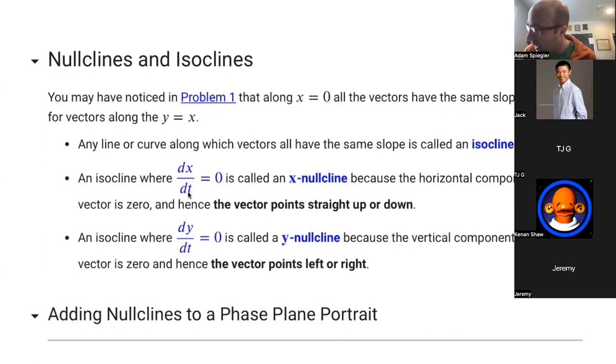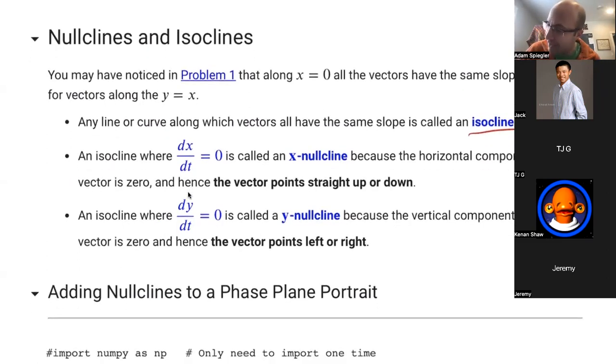So again, on that phase plane, on that line y equals 0, all of the vectors have the same slope, meaning those vectors all had slope 0. They were horizontal. And then on the line y equals x, all of those vectors were vertical, so they all have the same slope, which is like an undefined, infinite slope.